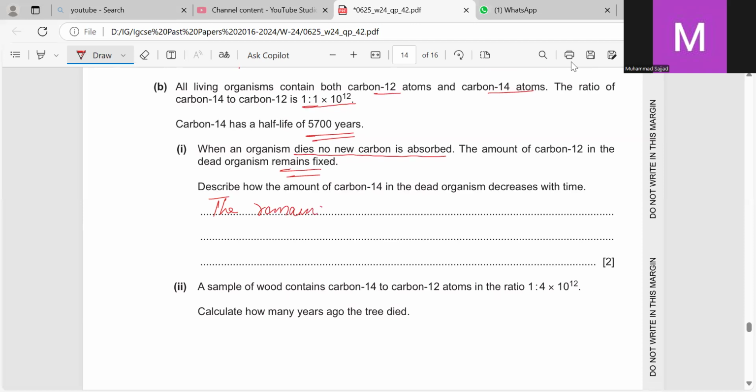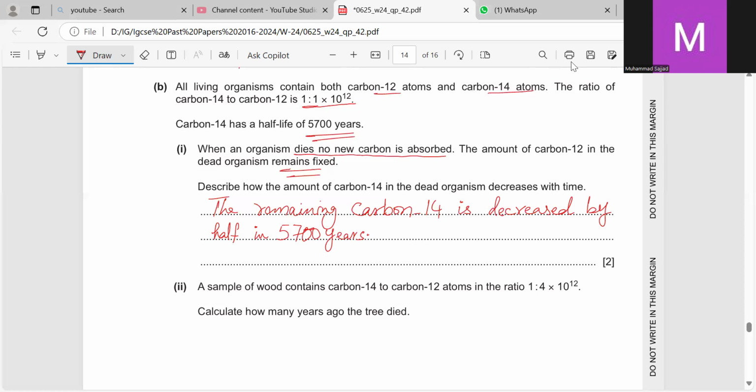The remaining carbon 14 is decreased by half in how much time? In one half-life, which is 5700 years. This will give you 1 mark.